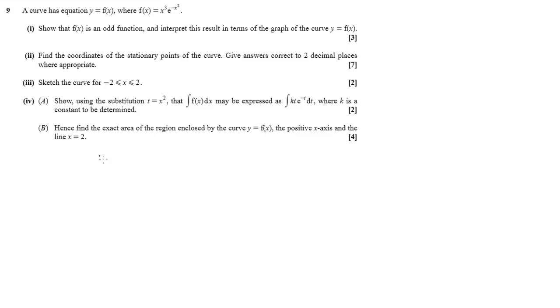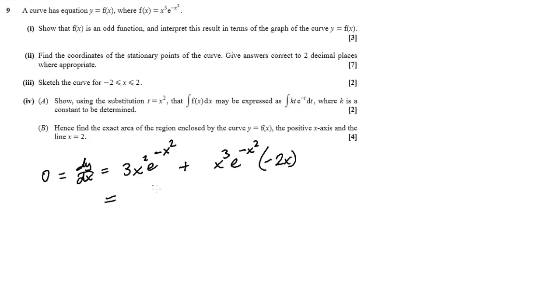For part 2, find the coordinates of the stationary points of the curve. So stationary points means that we want to differentiate. So dy by dx is, by product rule, 3x squared e to the minus x squared plus x cubed e to the minus x squared times minus 2x, and that equals 0.